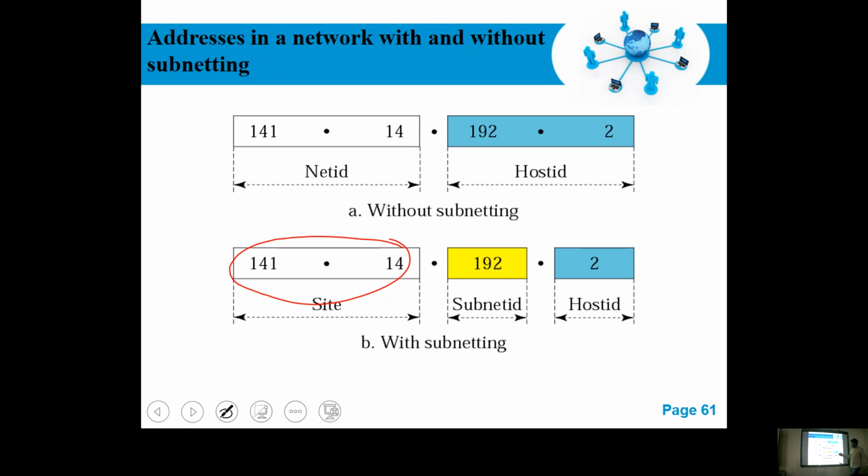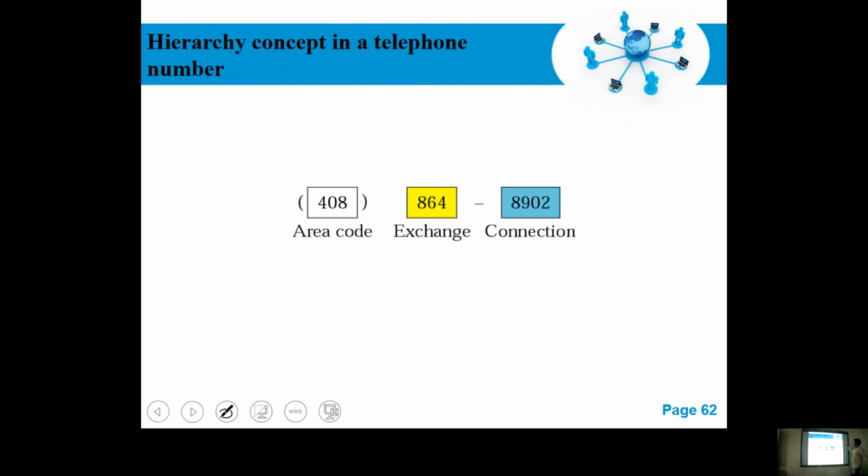And starting address and also the subnet mask you can find by using this one. This is something like a hierarchy: area code I have, then exchange code and whatever the connection. In telecommunication we used to have it like this, right?